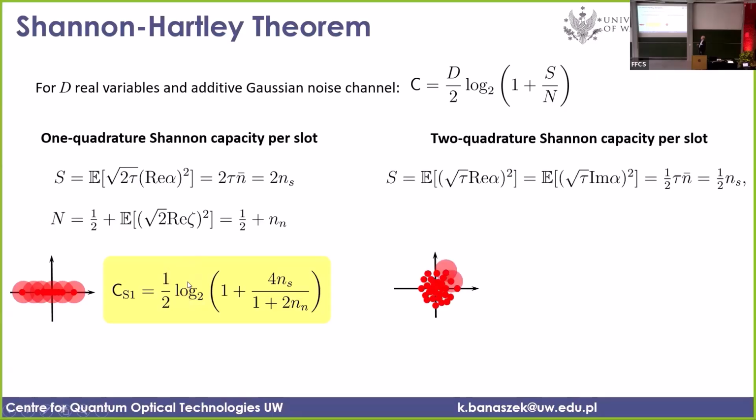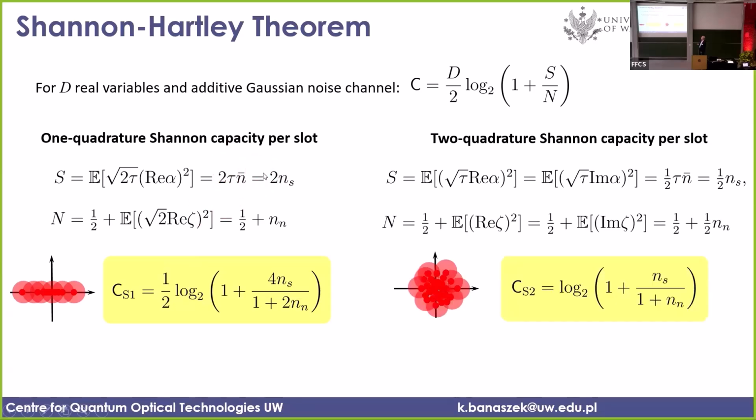If we do the same for two quadrature modulation, assuming that we have the same mean number of photons at our disposal, we obtain, of course, an expression that doesn't have this 1/2 factor, simply because we now have two quadratures. But the main point I would like to make is that the two terms that enter the denominator, responsible for noise contribution, come with different weights, okay?